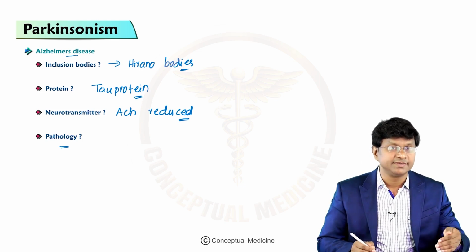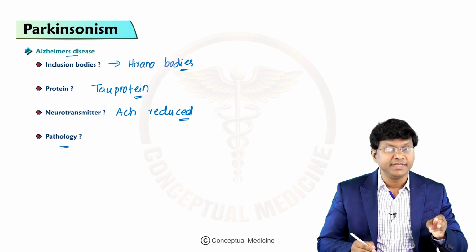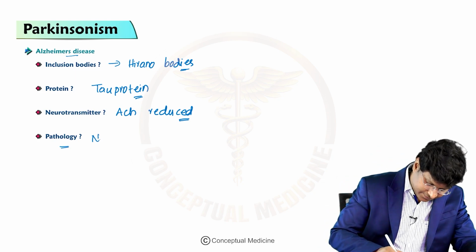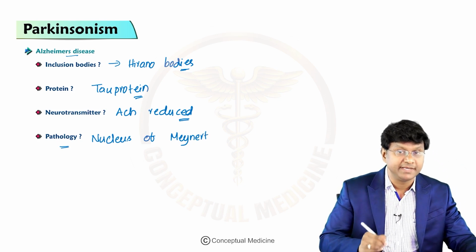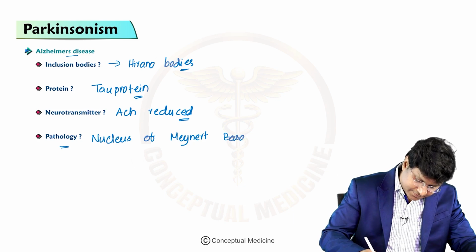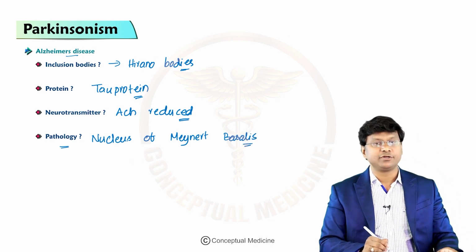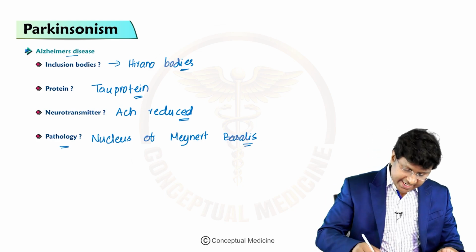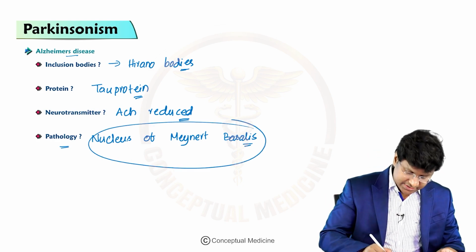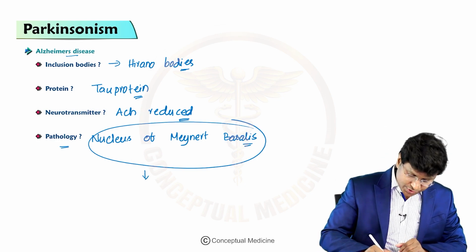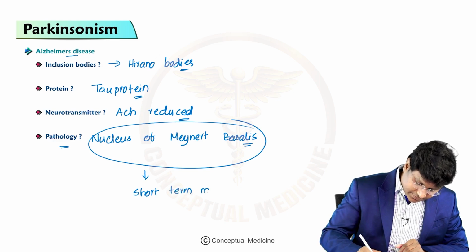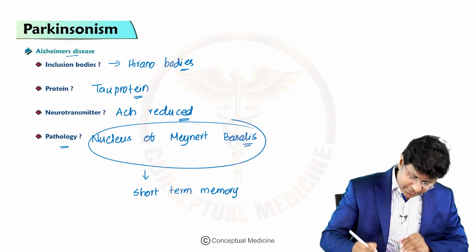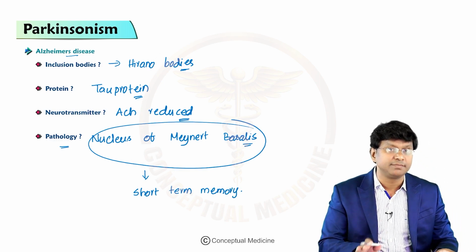The pathology in Alzheimer's is in the nucleus basalis of Meynert. Right, that is the site of pathology in Alzheimer's. And this nucleus basalis of Meynert is the seat for short-term memory.